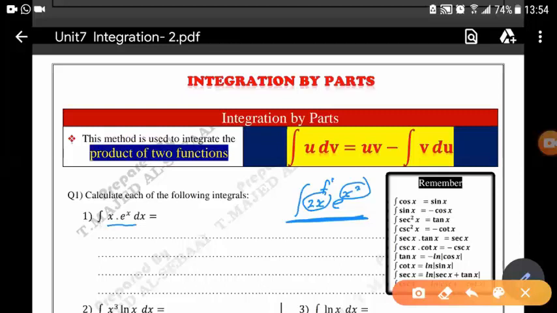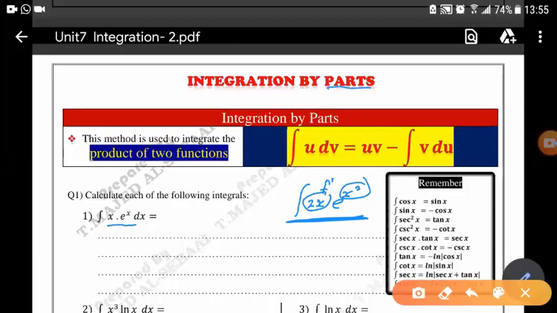But if I have two functions, and they are not differentiation of each other, or one of them is not the differentiation of the other, I will need to use integration by parts.